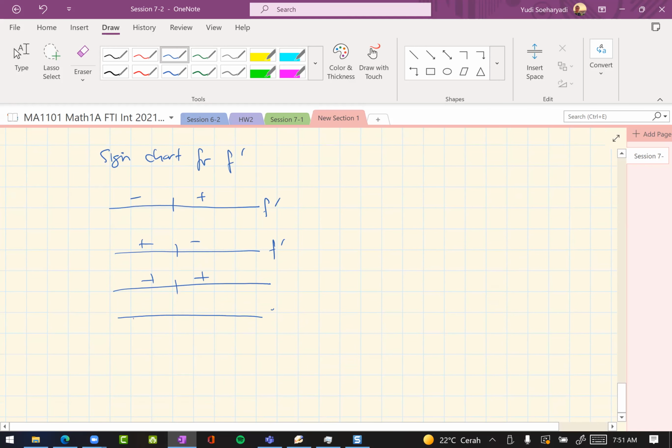Let's use this: minus plus, plus minus, plus plus, minus minus. Okay, by using theorem A, what we know is that suppose this is the critical point.